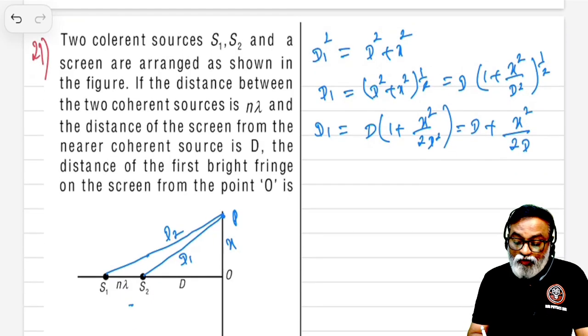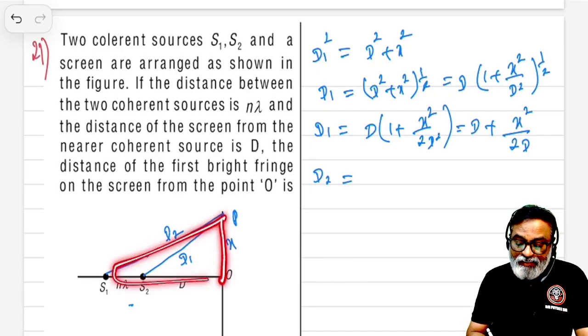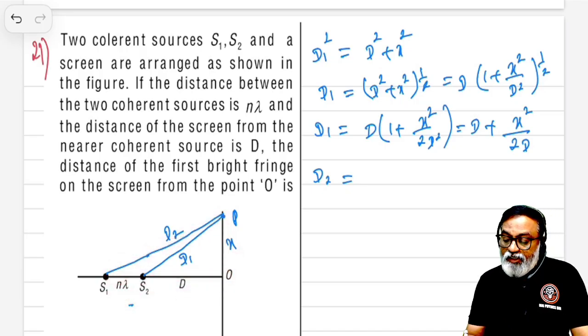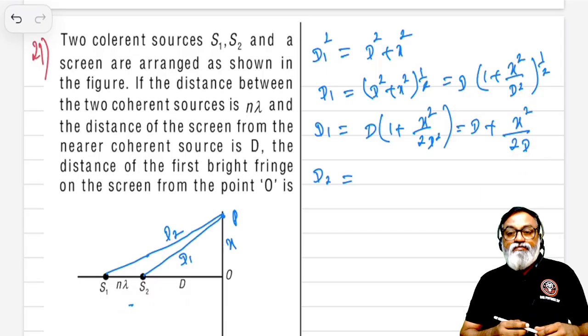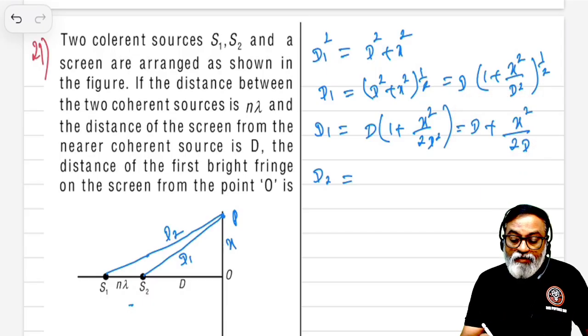Like that, we have to find out D2. Here D2 is equal to, but for D1, this length is D. For both the triangles, this is same X. For S1O, this distance is D plus n lambda. See, in this equation, in place of D, I have to put D plus n lambda.